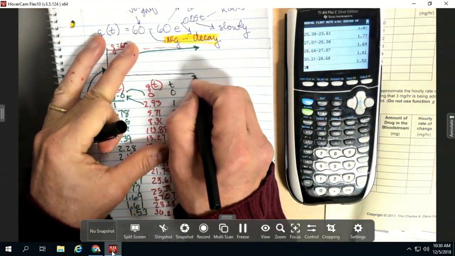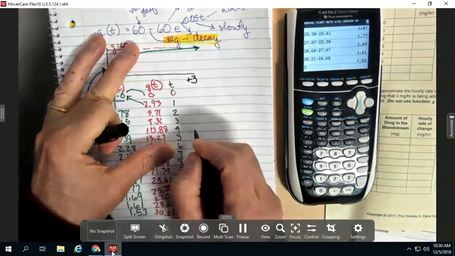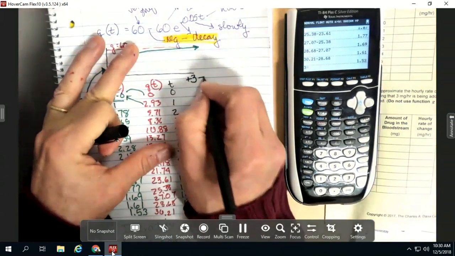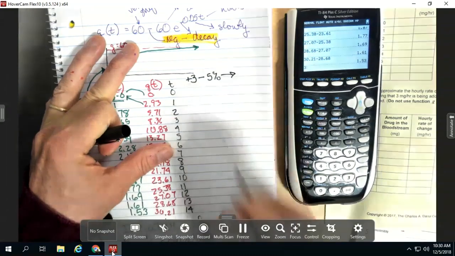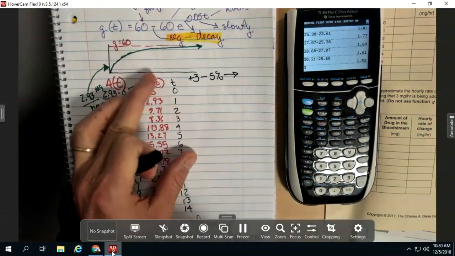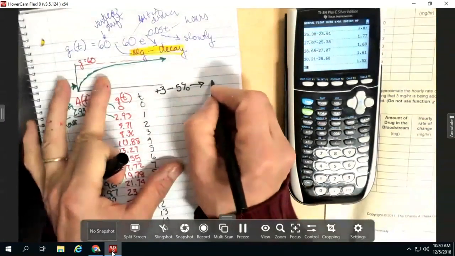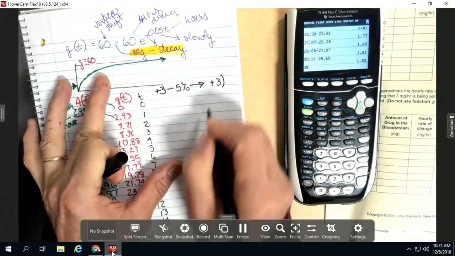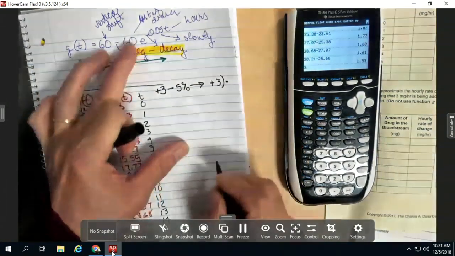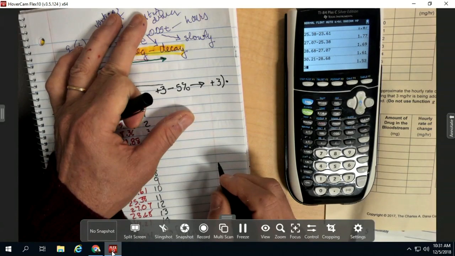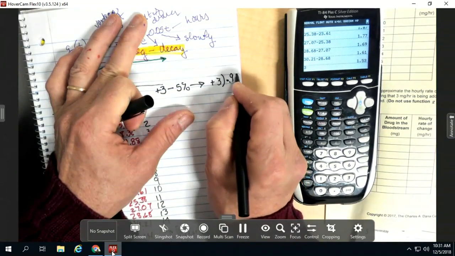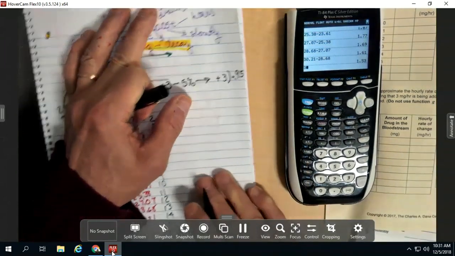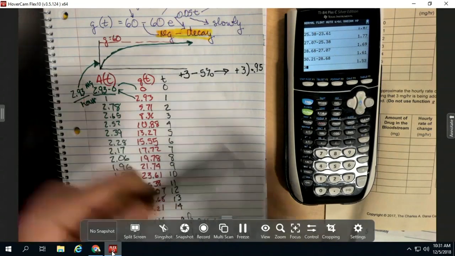So our iteration is add 3 minus 5%. How can we numerically do that easily? Add 3 and multiply by 0.95. Would you agree that's subtracting 5%?